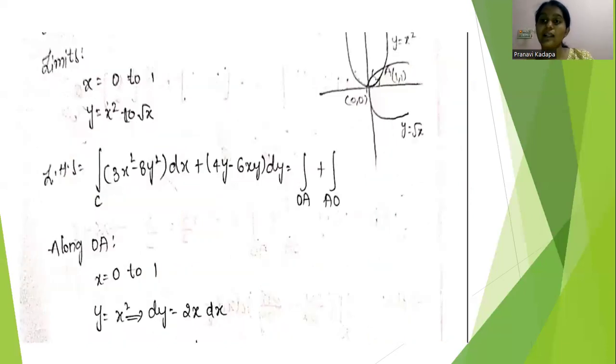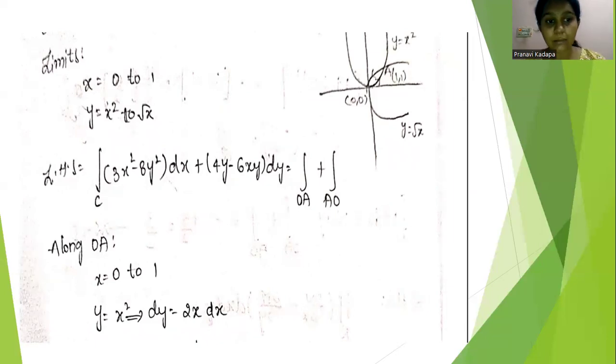From the LHS, we draw the diagram of both curves. Then we get the same region, that is OA, and then AO. So there are two paths, and we apply them in the LHS.